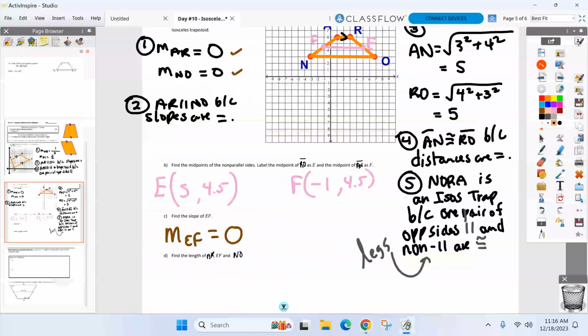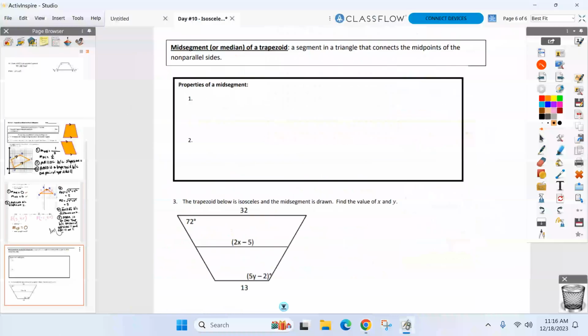So here's property number 1. Properties of a mid-segment: it is parallel to the bases. We just proved that because they all have the same slopes.